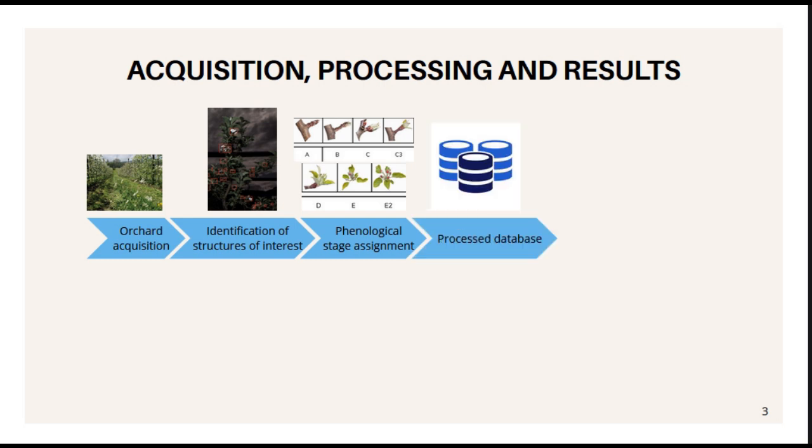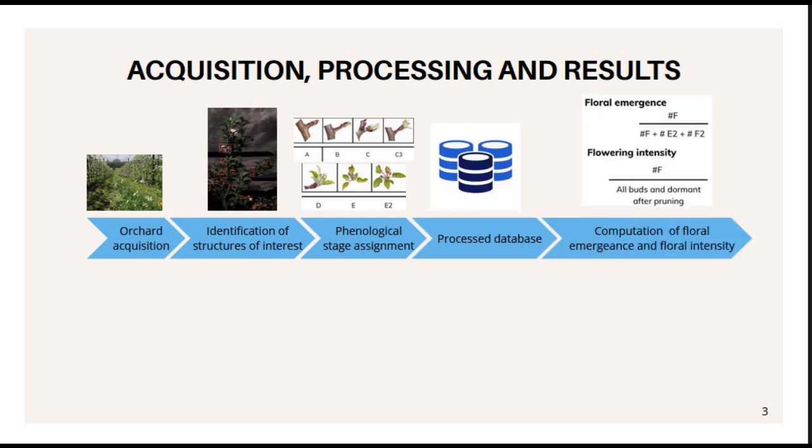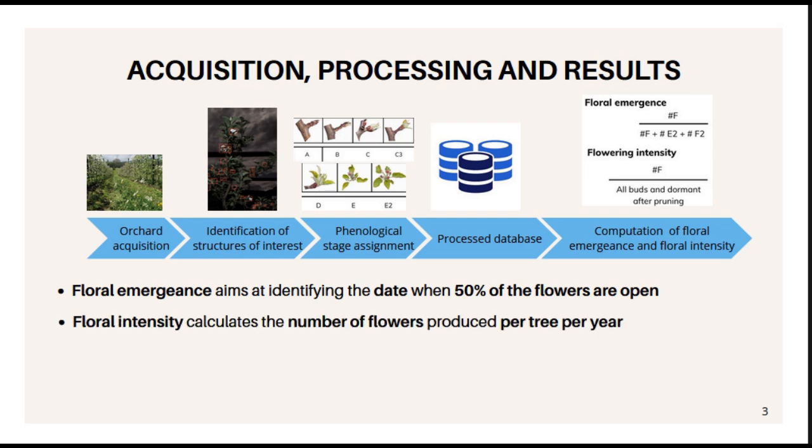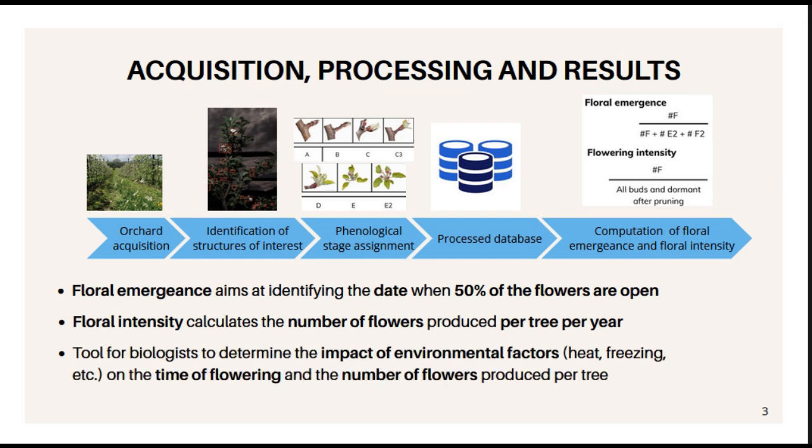The process database then allows the computation of two parameters: floral emergence, which aims at identifying the date when 50% of the flowers are open, and flower intensity, which calculates the number of flowers produced per tree and per year. So this is actually a tool for biologists to determine the impact of environmental factors on the time of flowering and the number of flowers produced per tree.